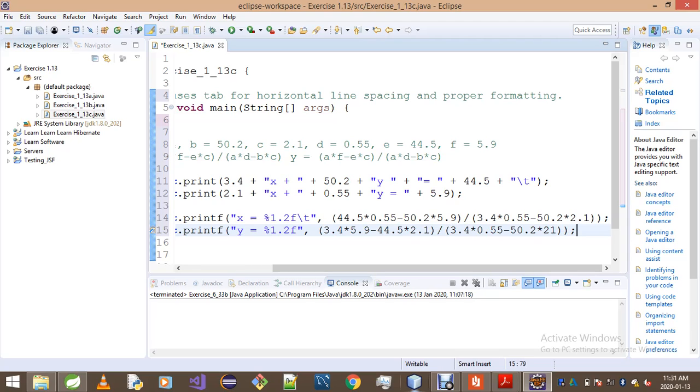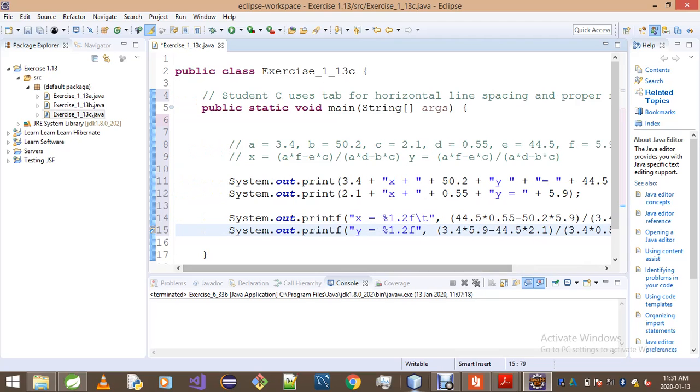Yeah, actually I'm right. This is what we have from student C. So now let's try to run and see what happens. There we go with this machine.